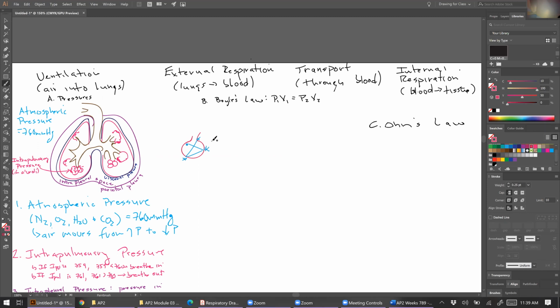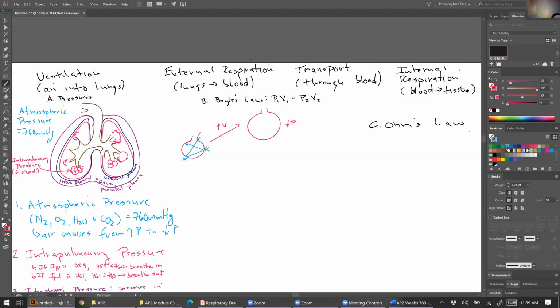Well, if we took this alveolus and we increased its volume, that means that ball of air is going to have more room to bounce around. And again, just breaking it down real simple. I hope it's not too simple, because an increase in volume is going to decrease pressure.